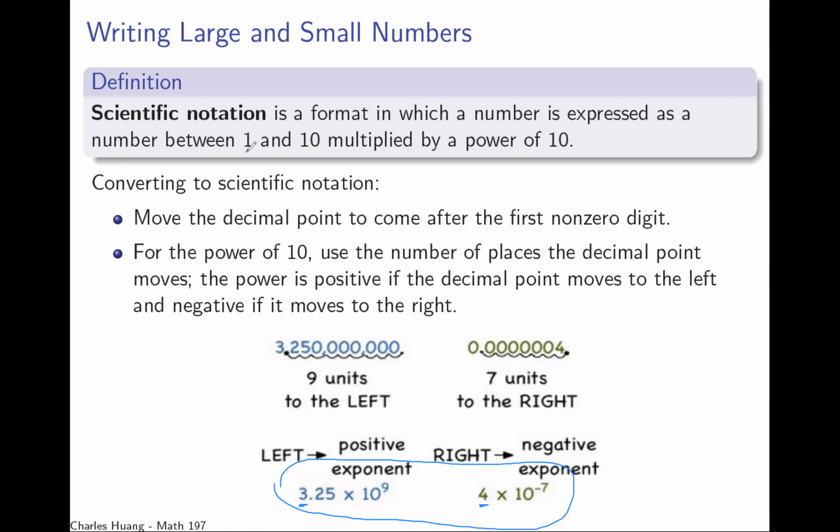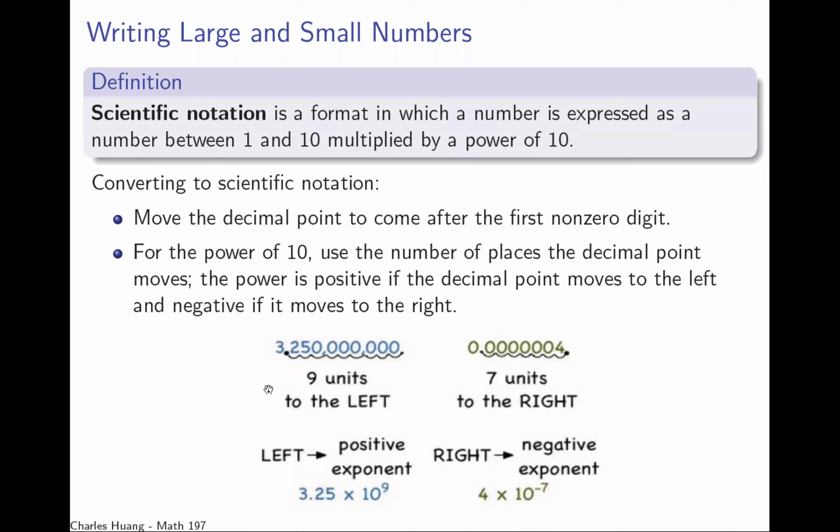These numbers have to be between 1 and 10. Well, you can only have 9 point something. And any other digit that comes after, we will represent as a decimal place. So the 250 million that comes after is going to be represented as 0.25.